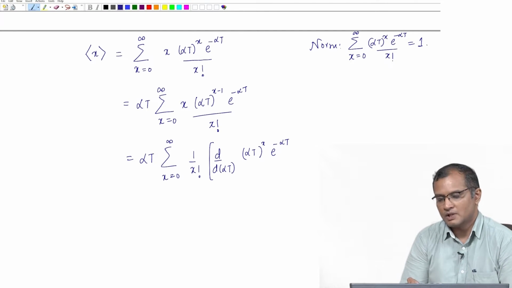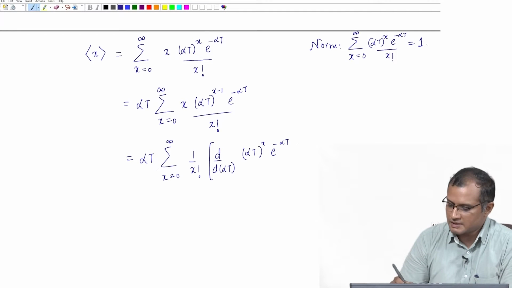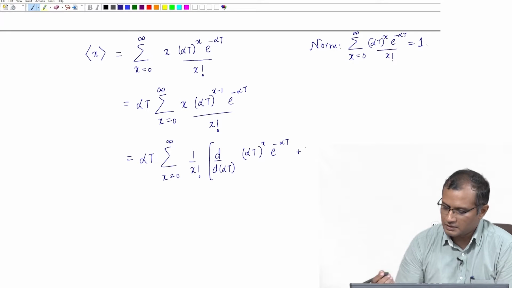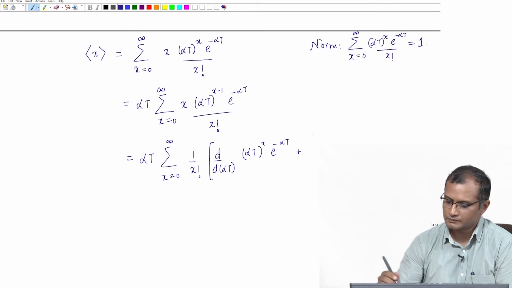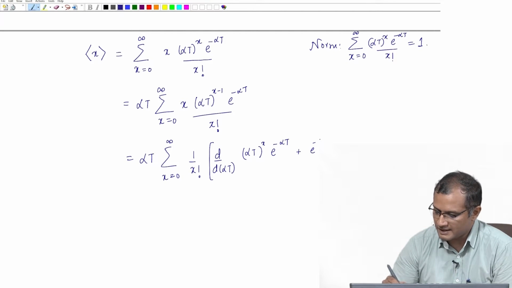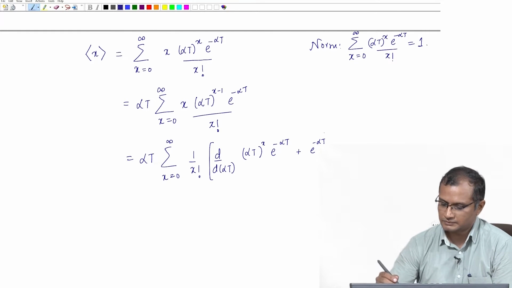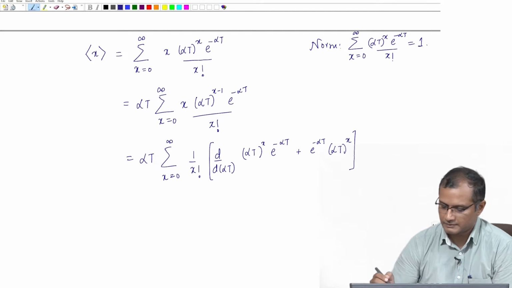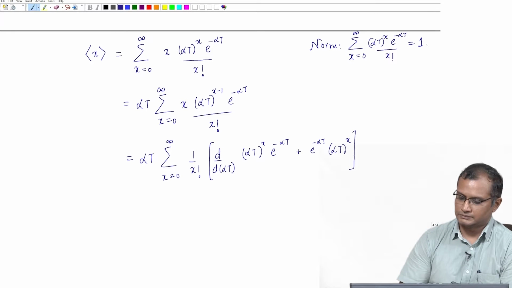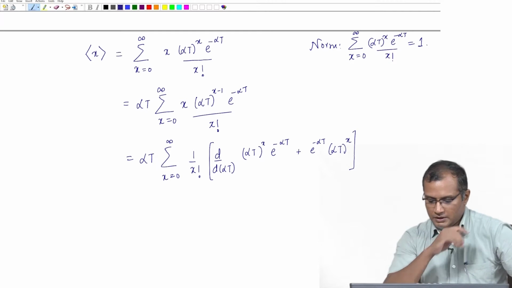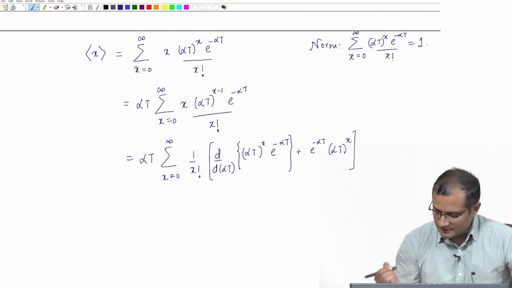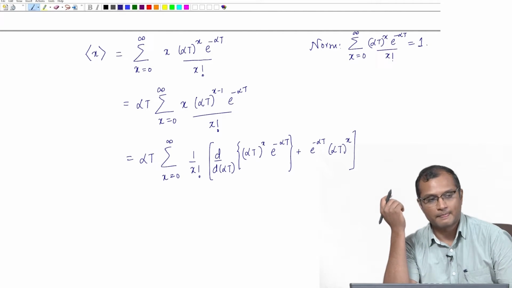So, by chain rule I will have 2 terms here. So, I need to subtract or add basically e to the power minus alpha t into alpha t to the power x. Okay. So, if you like, I can keep this thing inside a curly brace, right.